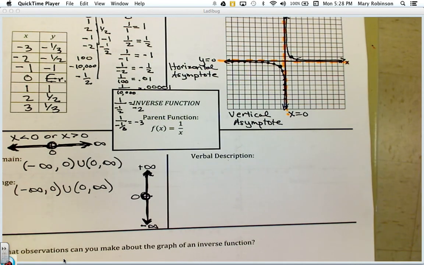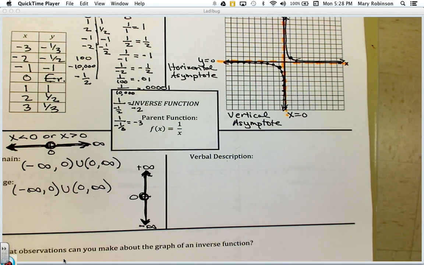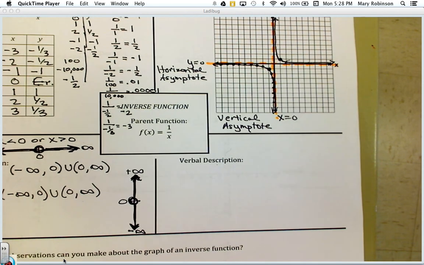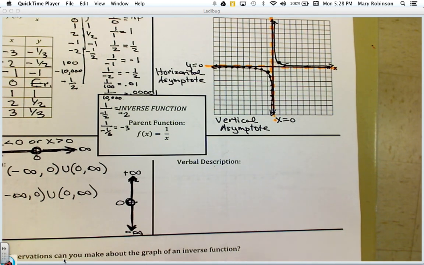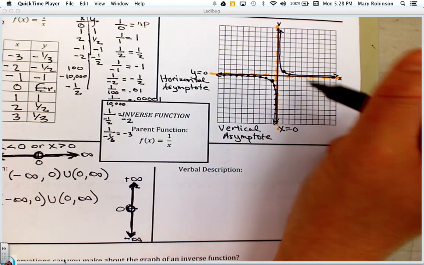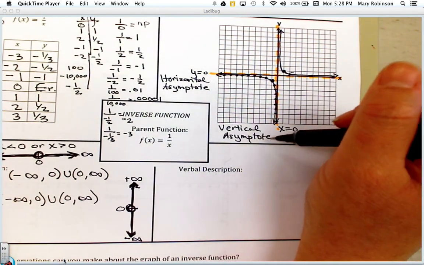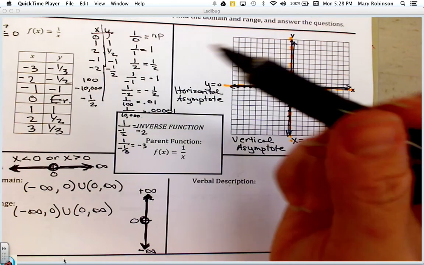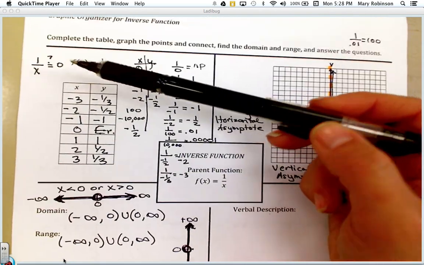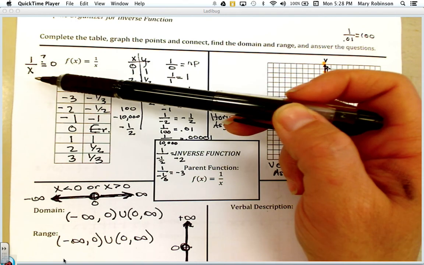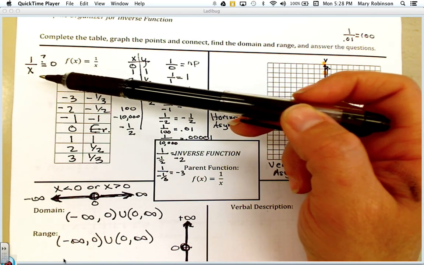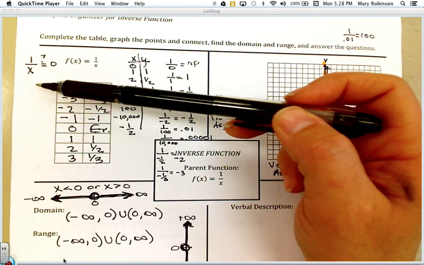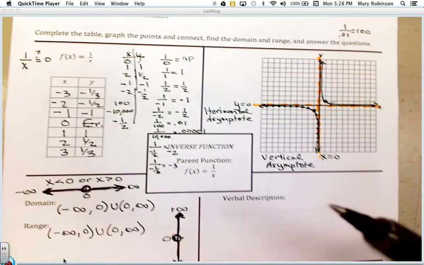Next I ask you to write a verbal description of what you see. So what we need to understand though is we have vertical asymptotes, but where are they? For rational functions, they're going to be at the values that would make our denominator equal 0. For the case of 1 over x, if x equals 0, then that's where our asymptote is going to be, because 1 over 0 is not possible.